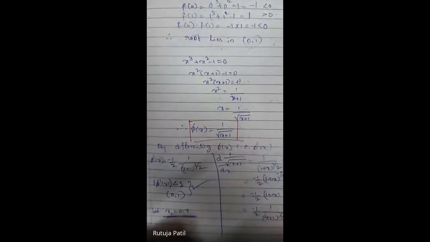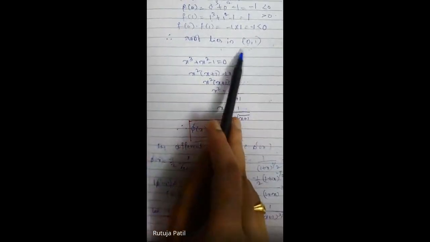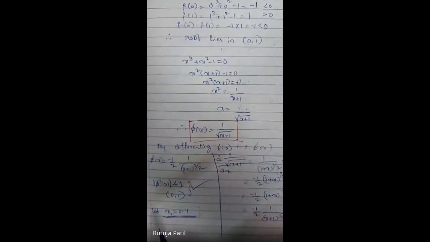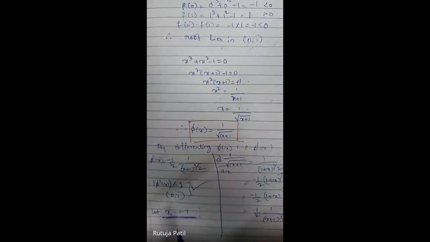So for this problem, I'll consider x naught as 0.7. We can consider any value from this range. Now to find the next x values, x1, x2, that is what we need to do.